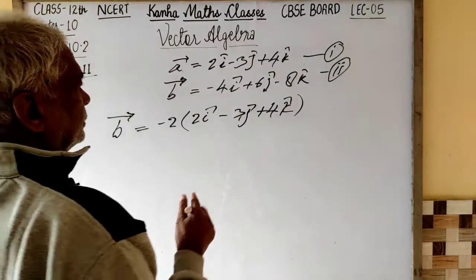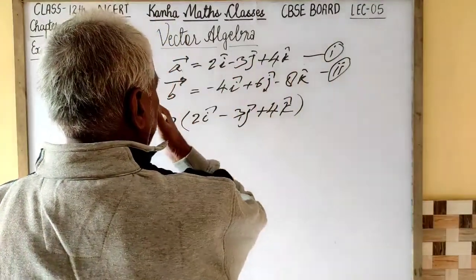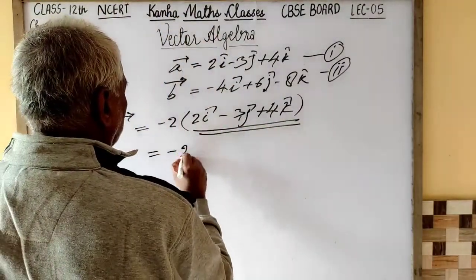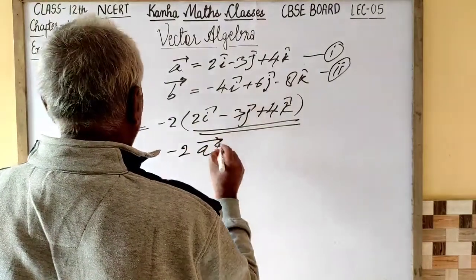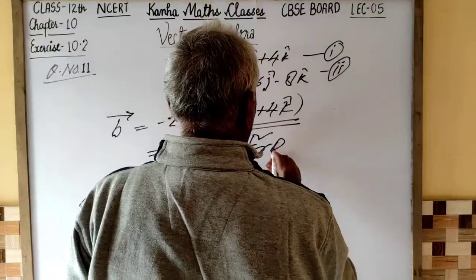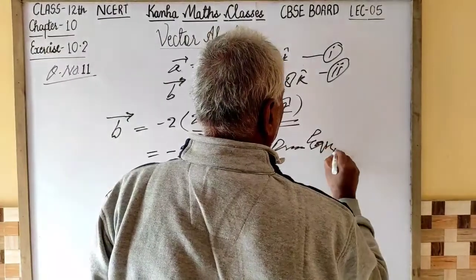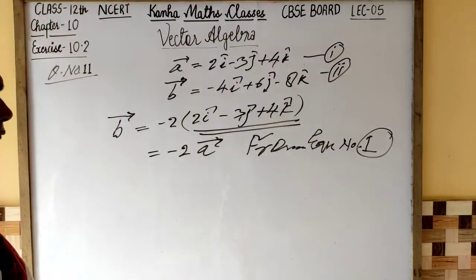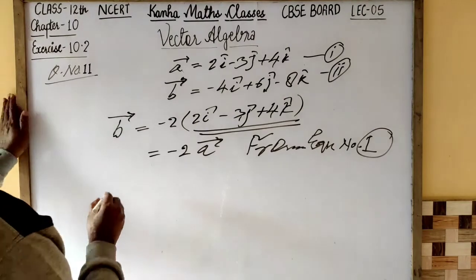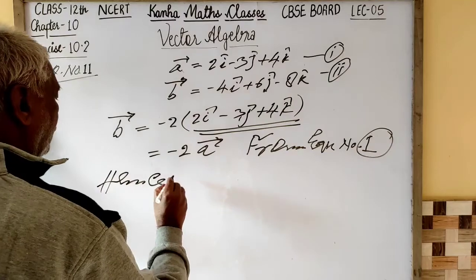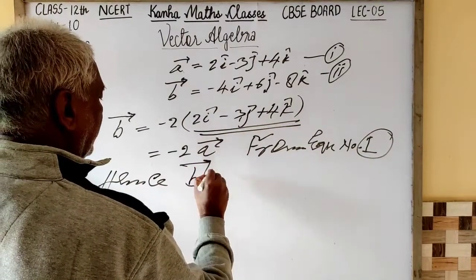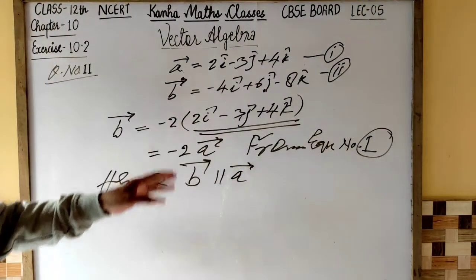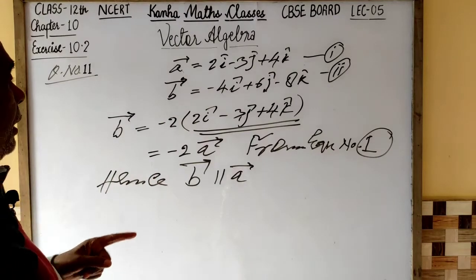If you observe the vector under equation number 1, that is vector A, you see clearly that B is equal to minus 2 into vector A from equation number 1. Hence vector B is parallel to vector A.